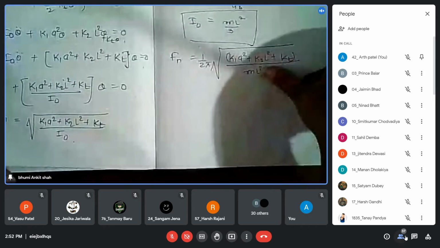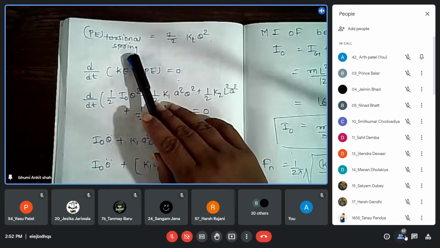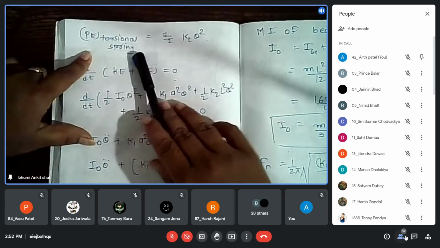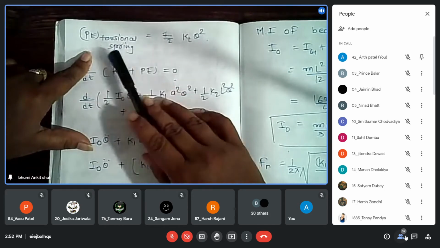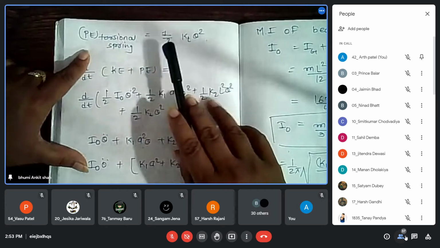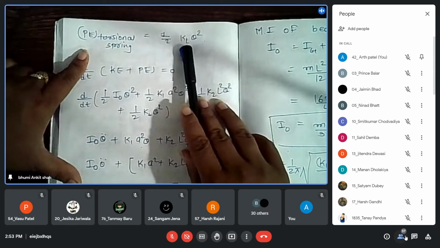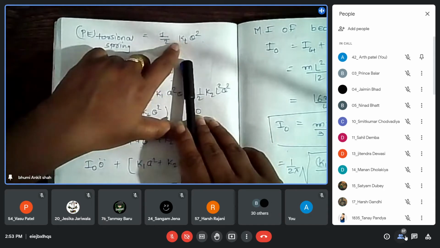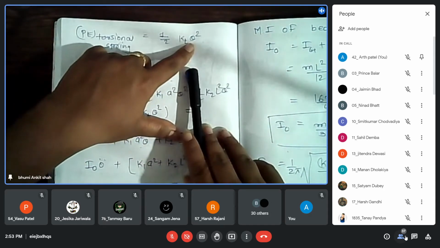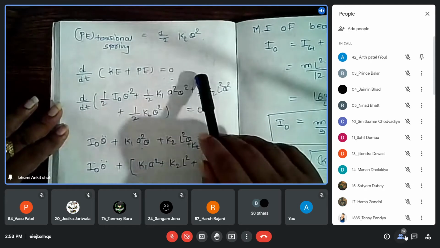So it is on the next page. Potential energy of the torsion spring: as it is a torsional spring, it is not the linear spring, right? It is a torsional spring, so you have to consider the angular deflection. So instead of 1/2 kx square, you are writing 1/2 kt, because it is a torsional stiffness. x की जगह पे क्या लिख रहे हैं हम लोग, theta. So it is 1/2 kt theta square, right?